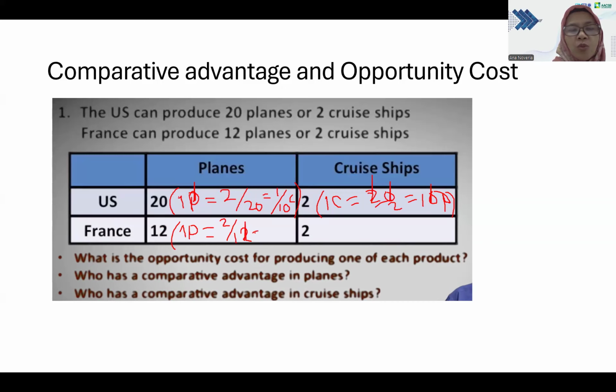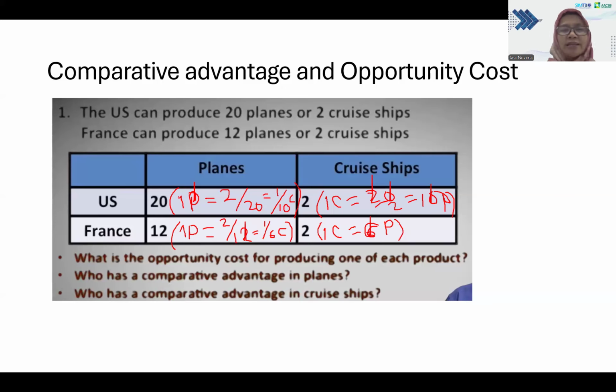So we have 1/6 cruise ship, 1/6 C. And now what's the opportunity cost for France in producing one cruise ship? It's just the exact opposite, so it equals 6 planes. Now we compare the opportunity cost.